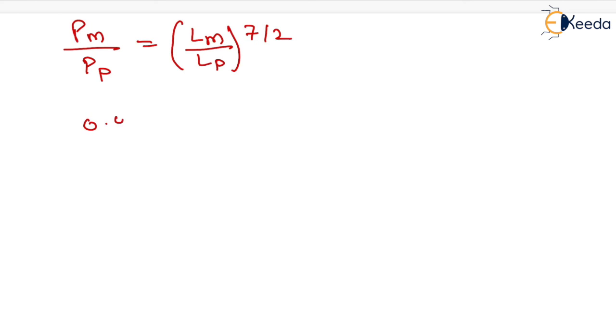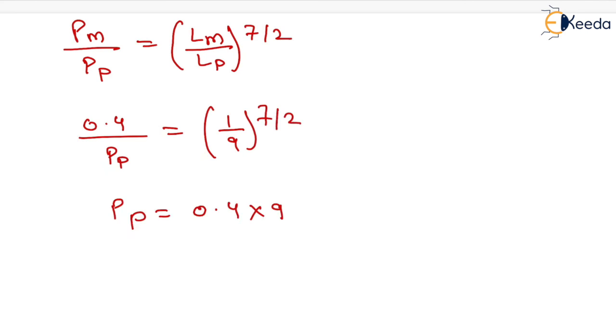Therefore Pm upon Pp, that is for model and for prototype, will be equal to length of model upon length of prototype to the power 7/2. Therefore 0.4 upon Pp equals (1/9) to the power 7/2. Therefore the dissipation of energy in the prototype Pp equals 0.4 into 9 to the power 7/2.